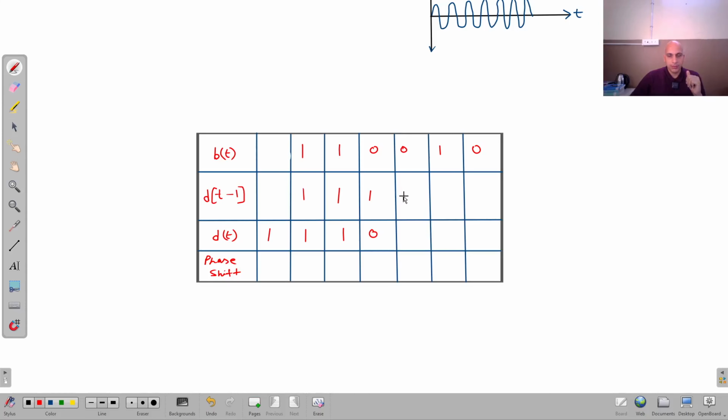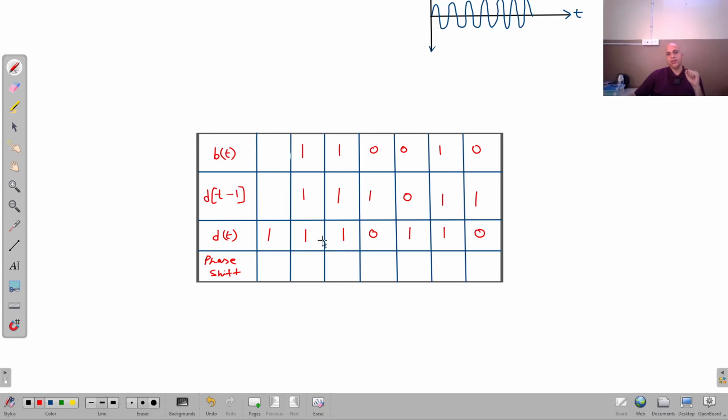For this bit, d(t minus 1) is 0, and the previous bit is 0, so 0 0 gives 1. Now this bit is 1, so 1 1 gives 1. Then the next bit, 1 0.